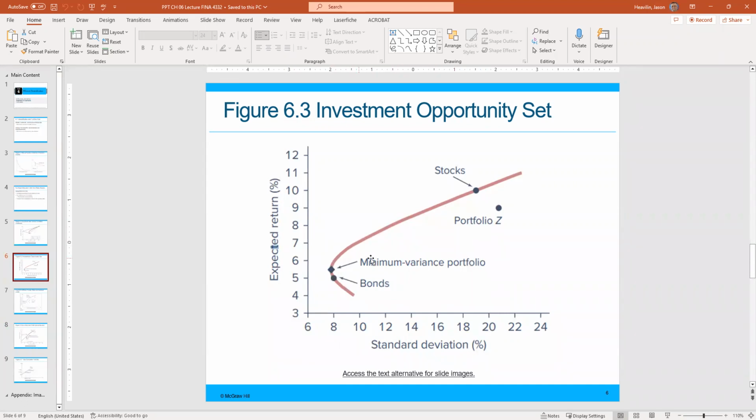Now, this minimum variance portfolio, what they're talking about is that no matter how you combine these stocks and bonds, that's the lowest standard deviation you're ever going to achieve. You can do all kinds of combinations, an infinite amount. But the standard deviation with this set of stocks and bonds would not go below that number in this case.